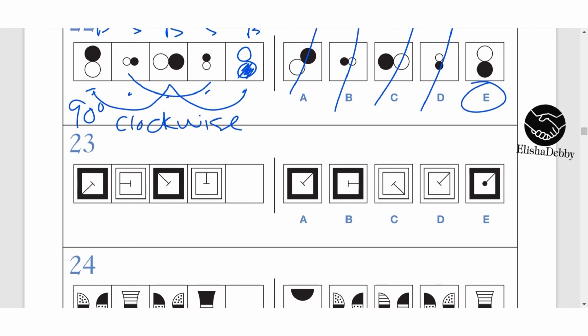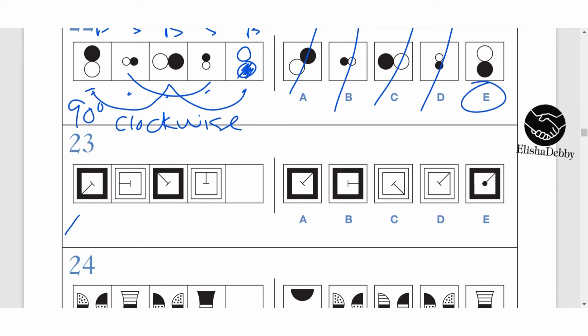Let's look at this one. We can see from here that, like I said, choose one element at a time. Let's look at this stick that looks like a T. We can see the T is actually moving.